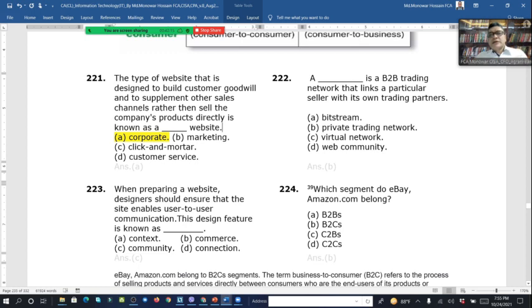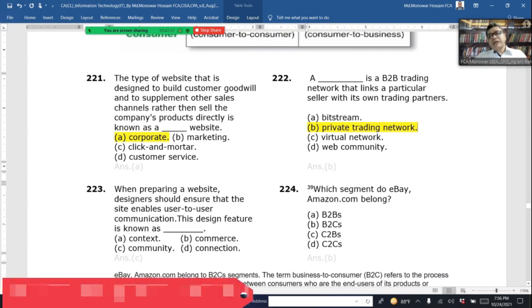Here a private trading network is a business to business trading network that links a particular seller with its own trading partners.